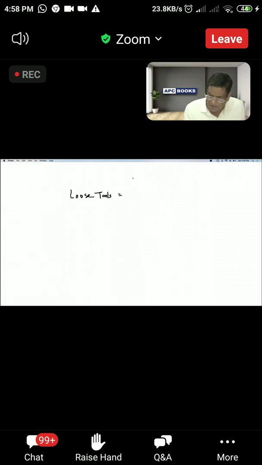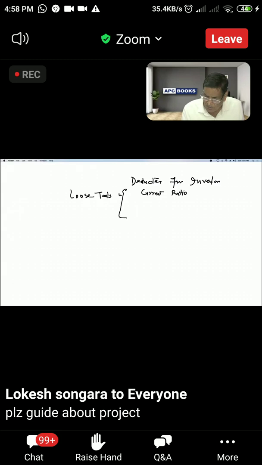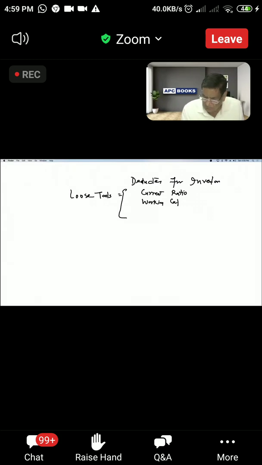They shall be deducted from inventory while calculating three ratios: current ratio, working capital, suppose working capital turnover ratio, or inventory turnover ratio.